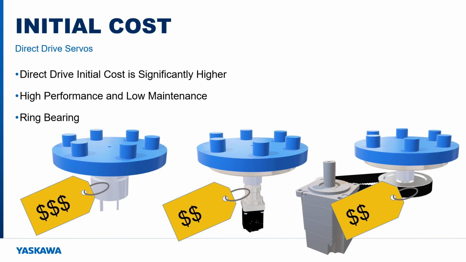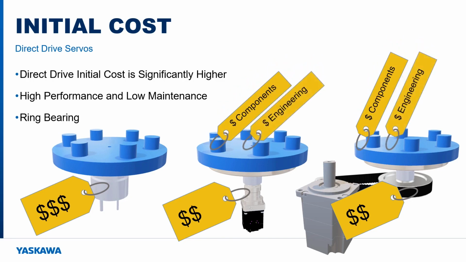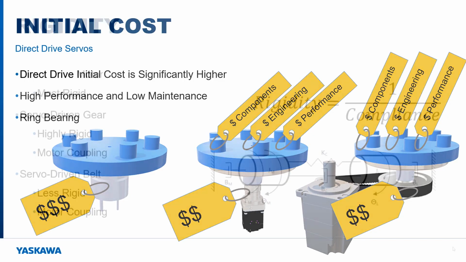But in addition to the motor and transmission, you have the cost of couplings and additional bearings to support the load. Integrating these components incurs a design and engineering cost, and then consider the long-term cost of performance and maintenance. For low-speed rotary applications, the direct drive solution is a simple design which may actually incur the lowest initial cost while providing the highest long-term performance.